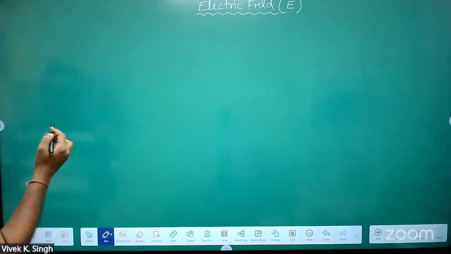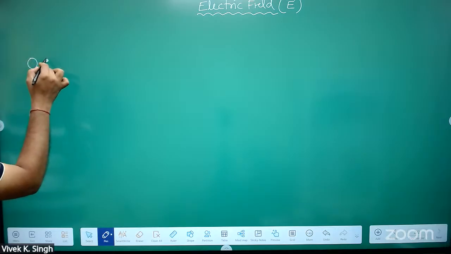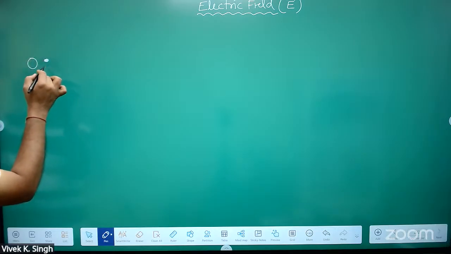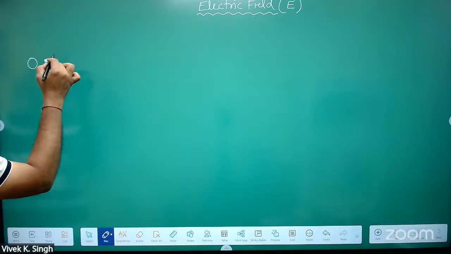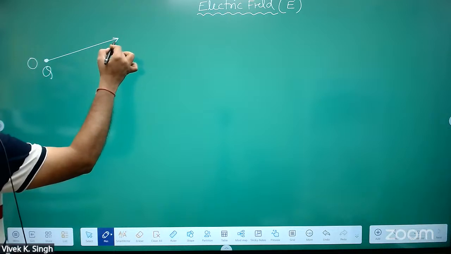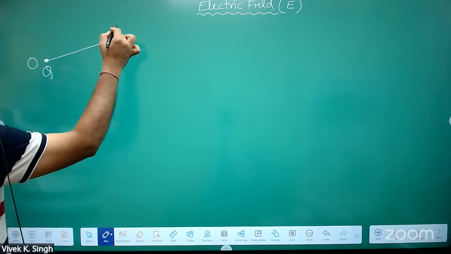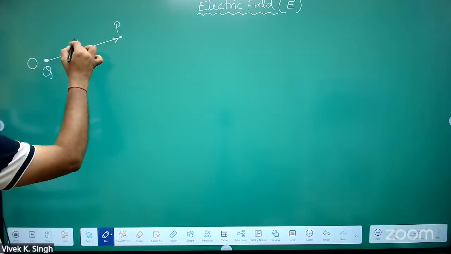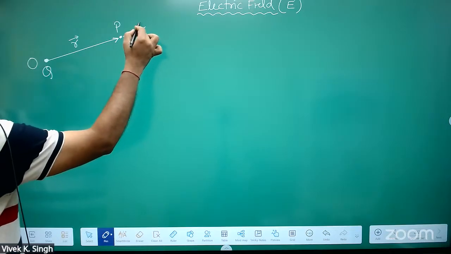So now consider, let's say at the origin, this is the origin O, and where you have placed a charge Q. This is the origin, and at any point P, this is its position vector, and this is r cap.